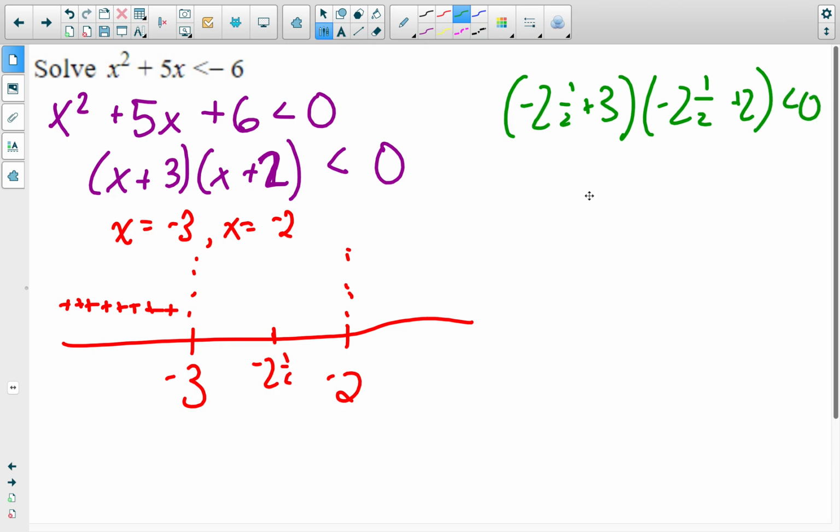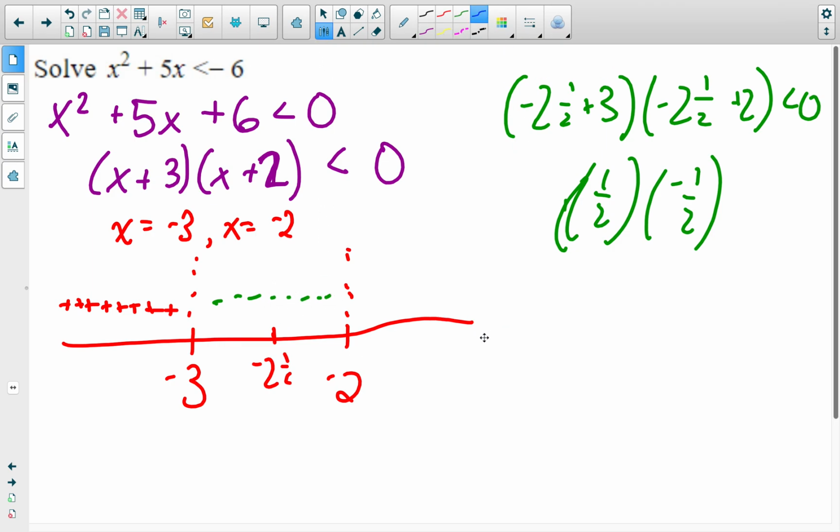This is going to end up giving me, let's see, 1/2 times -1/2, which is going to actually be a negative. So that whole region is going to be negative. And then if I plug in like positive 100, I'd end up with 103 and 102, which is again going to be positive, right?